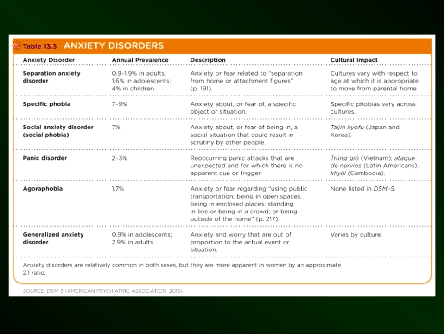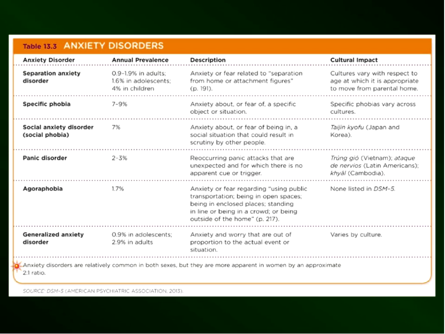This is the nice table from your textbook, by the way, that shows you the various anxiety disorders. I didn't talk about separation anxiety disorder. You can read about that in the textbook. But here are phobias, social phobia, also known as social anxiety disorder, panic disorder. There's agoraphobia for you here. There's GAD down below.